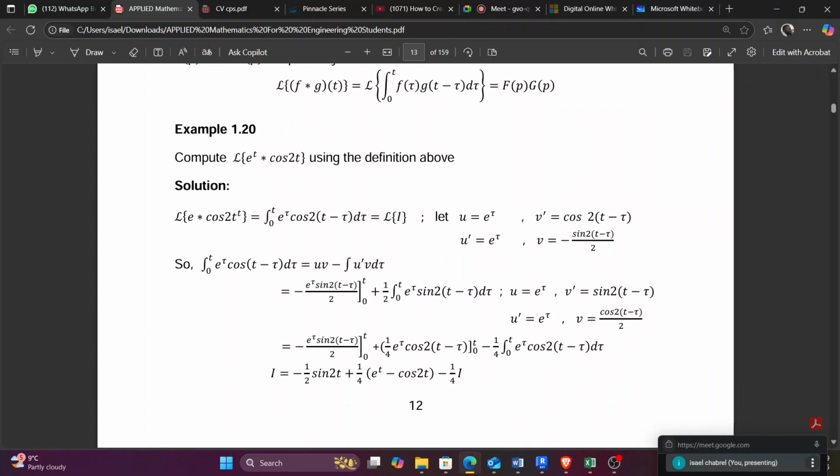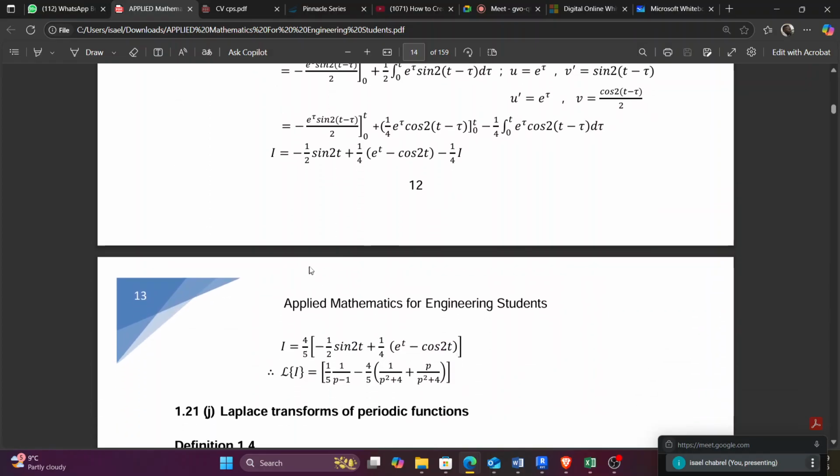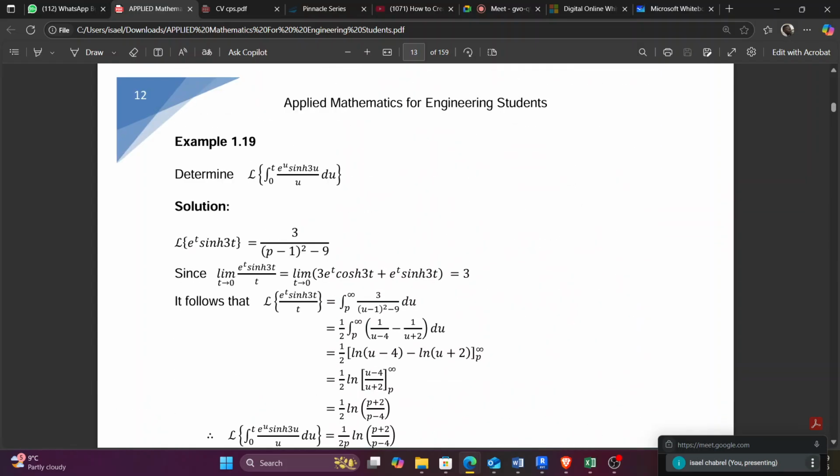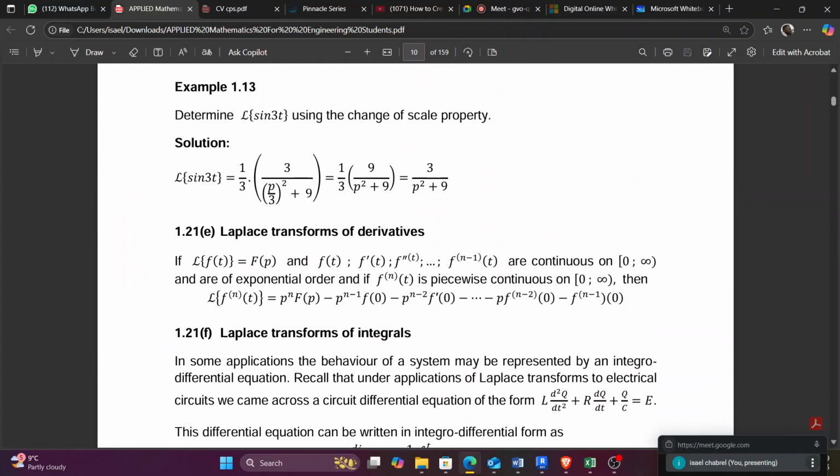This is where it becomes more interesting, where you have integration by parts, but we'll get there. And I'm just glad that we started earlier, so we have time to move slow in an understanding way.